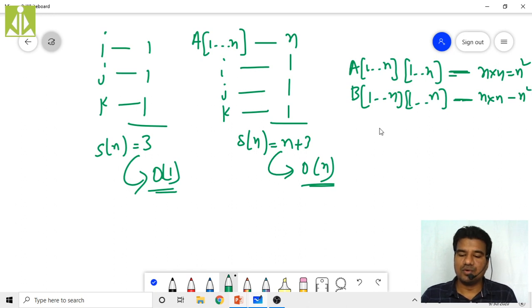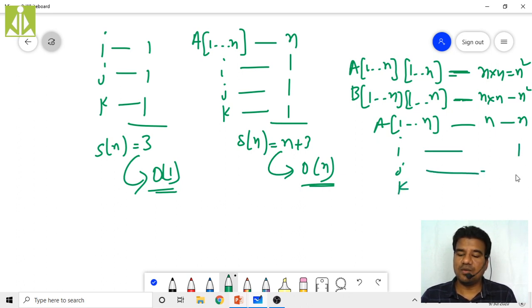And if you use a regular array also from 1 to n, then to store this array it will be n only. And if you use normal variables i, j, k, then 1 word each.